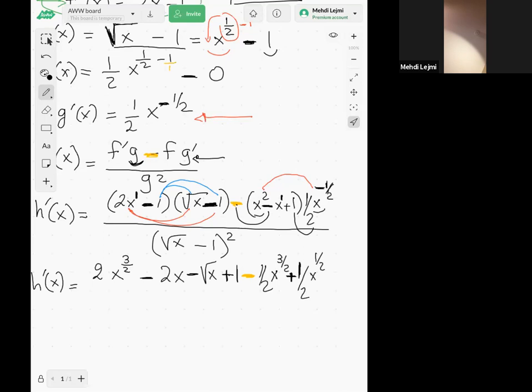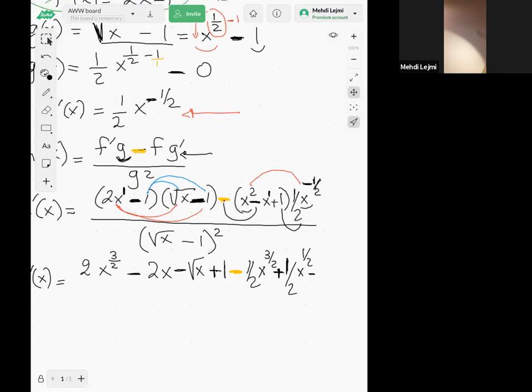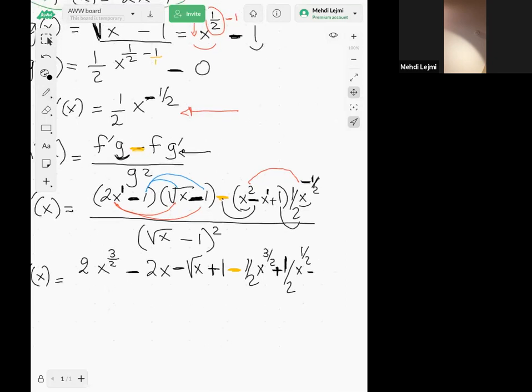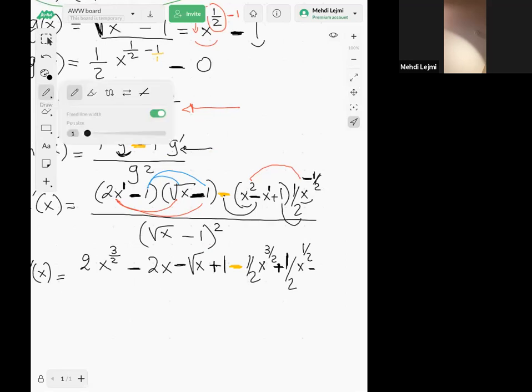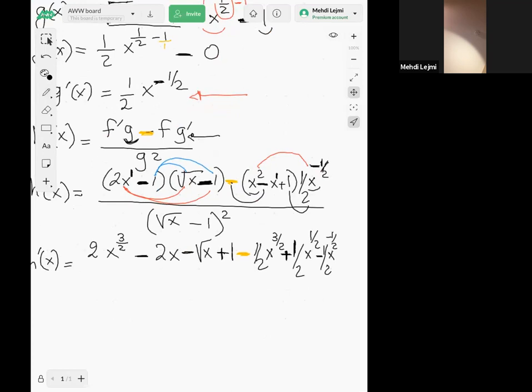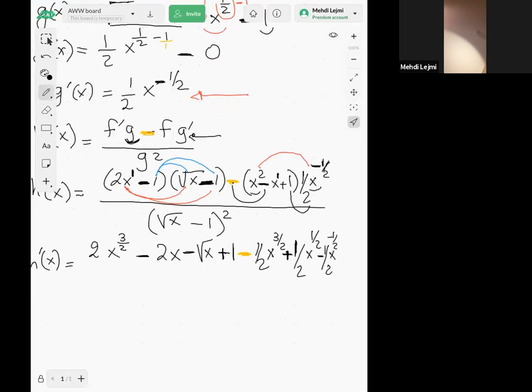So that will be minus half x to the negative half. And the whole thing, of course, divided by the square root of x minus 1, squared.